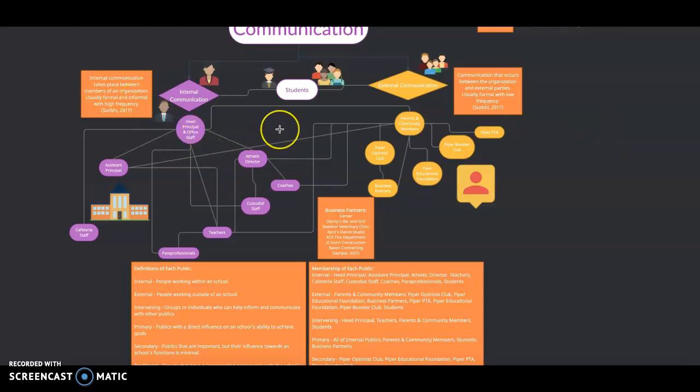That said, I do think we have a really good strength with being available. Our head principal has an open door policy for everyone: students, staff, community members, parents, business partners, whoever it is. He has an open door policy. If he's available, he will talk to you right on the spot and hear you out and speak with you.